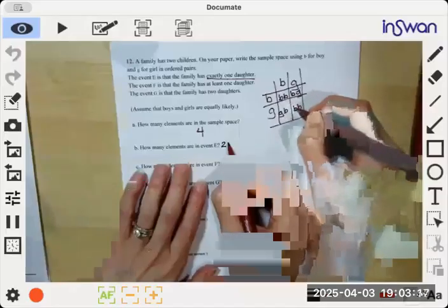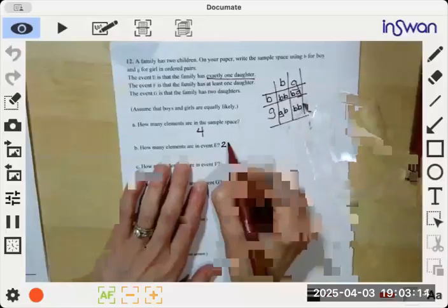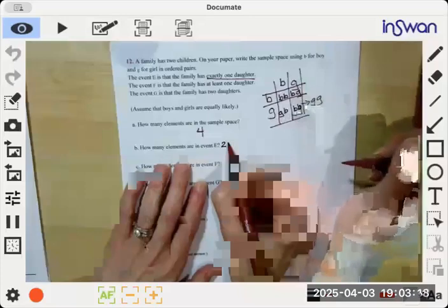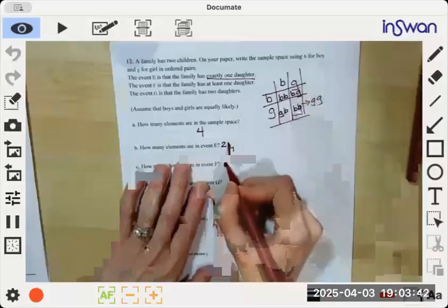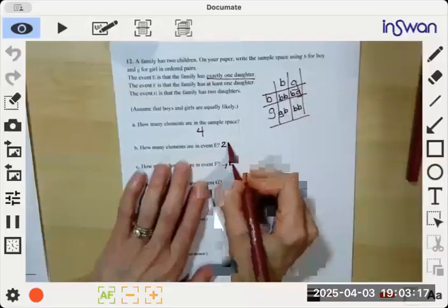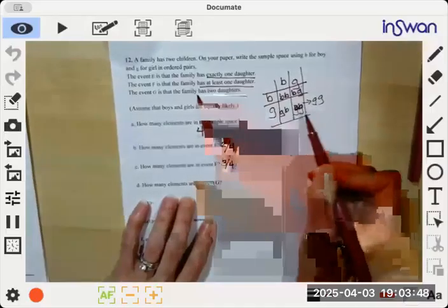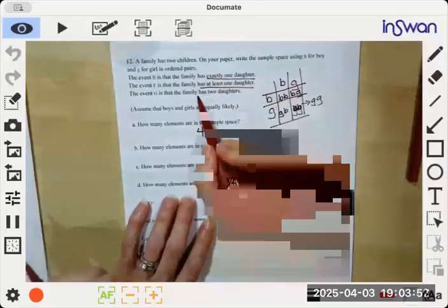Oh, I wrote that wrong, didn't I? That's a GG. Girl, girl, right there. So they could have boy, girl, girl, boy, or girl, girl. So that's 3 out of 4. G has 2 daughters. That would be 1 out of 4.